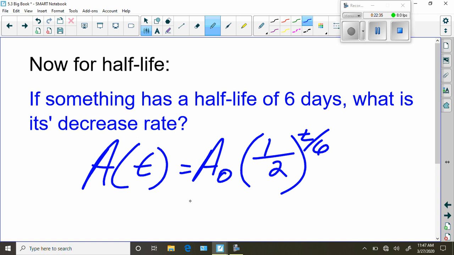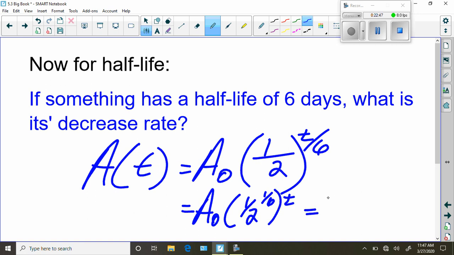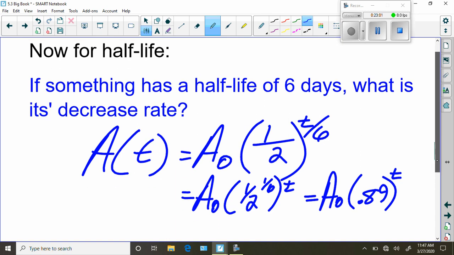Okay, so again, I'm going to split this up. To the t, and then I'm going to figure that out in my calculator on my cell phone, and I got 0.89 to the t. And you're like, how am I going to write that as one of the oldest form? Well, let me show you.